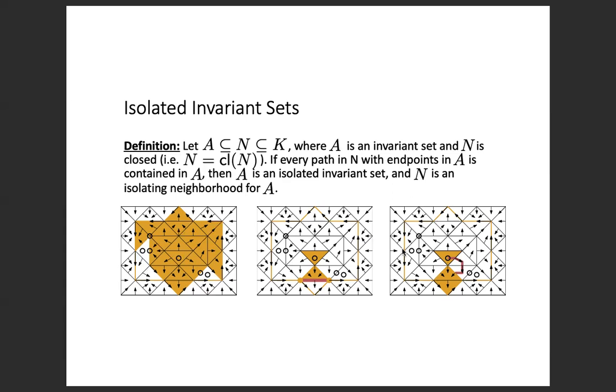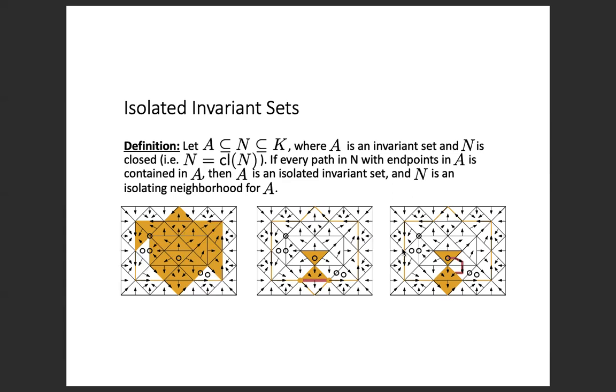So that means that this invariant set is not isolated by the rectangle, okay? However, it is isolated by its own closure, because this red path is not in the closure of the yellow. So this yellow set is an isolated invariant set, but it's not isolated by the rectangle, only its own closure.